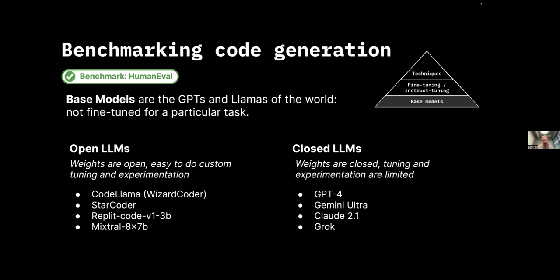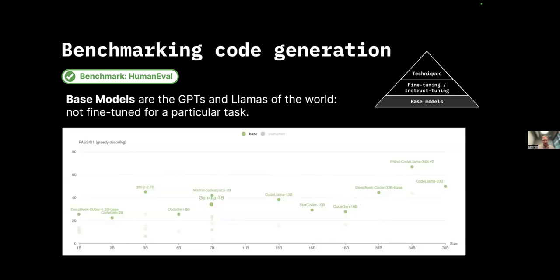We have open LLMs where the weights are open, easy to customize, and we can download them and run them and really play with them. We can easily fine-tune them. And we also have closed source LLMs, which are obviously limited to just doing API calls, but are very capable models. And really, those excel at code generation quite well.